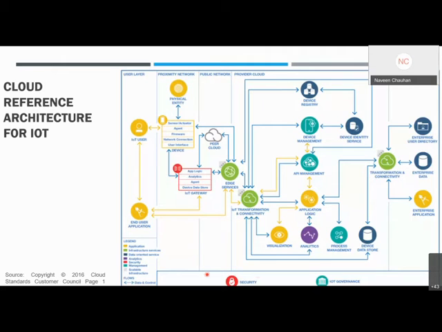So these are all connected. So this is the cloud reference architecture for IoT. This would also be available to you, as I'll be giving you the reference material for my today's lecture.